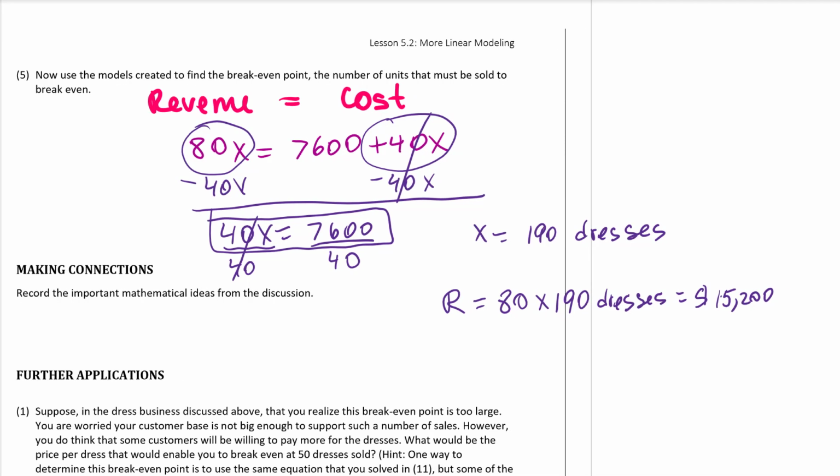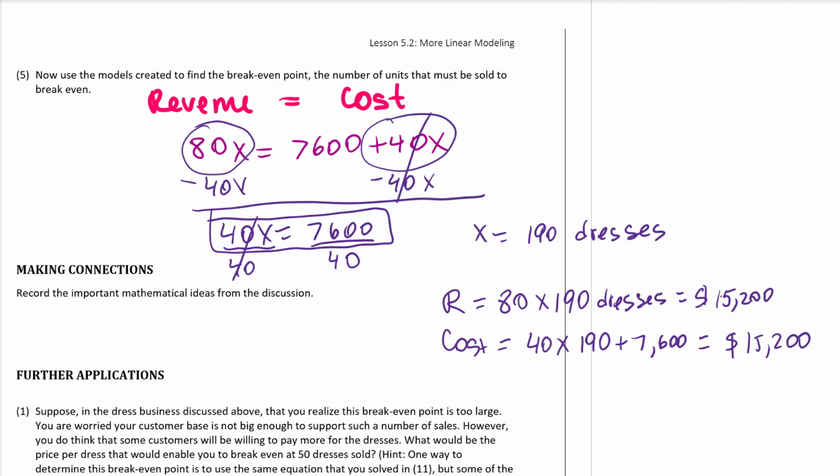A lot of money in that one month, but at the same time, your cost was $40 per dress to make those dresses, plus $7,600 to pay your people working for you and the rent, and that's also $15,200.